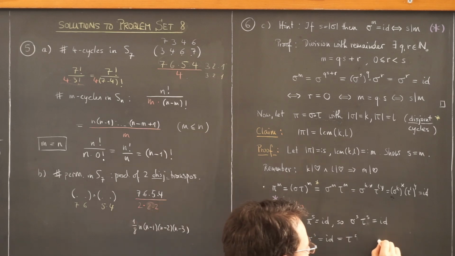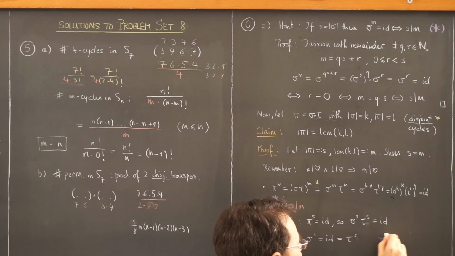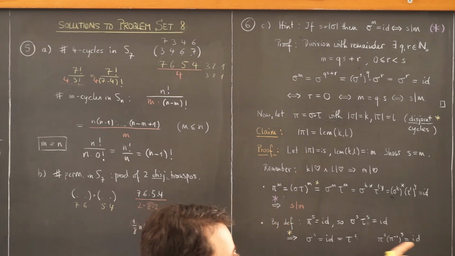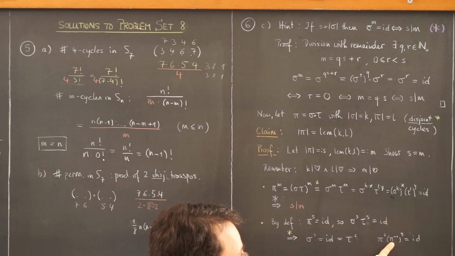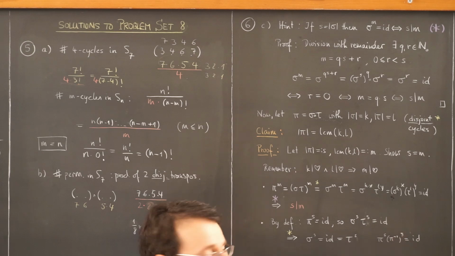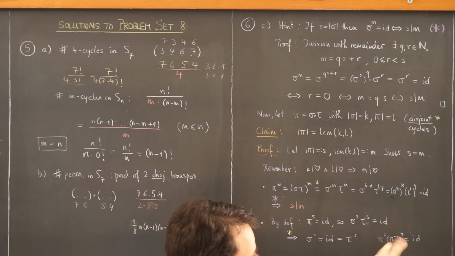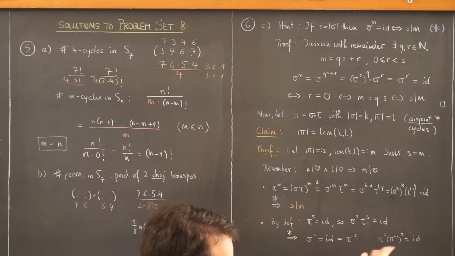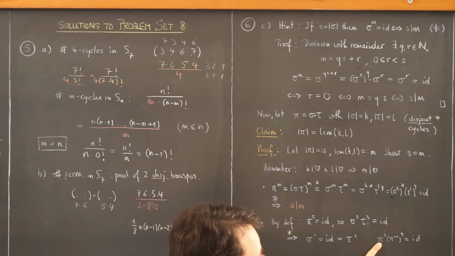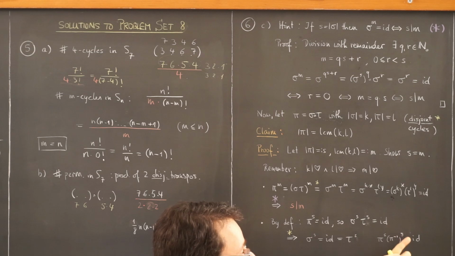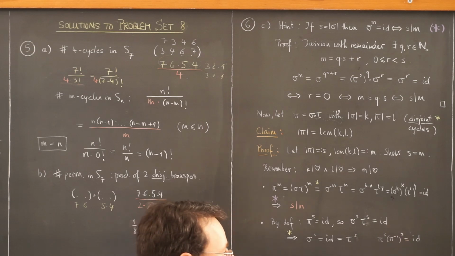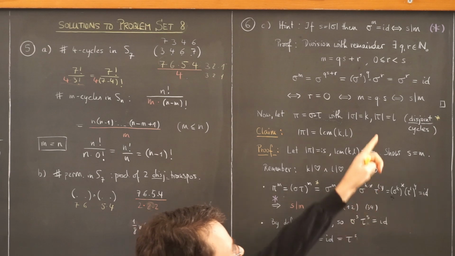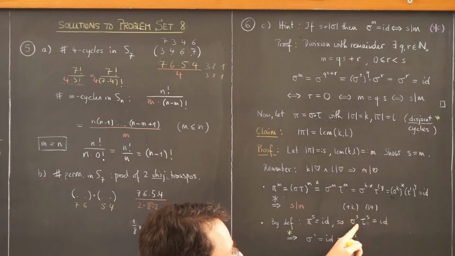In general, for every permutation, this is true. Pi to the s times pi inverse to the s is the identity, because those guys commute, they're always the identity, so I can pull the s out. So this is true, but of course pi to the s or pi inverse to the s need not be the identity themselves. But because those cycles are disjoint, all their powers are also disjoint.